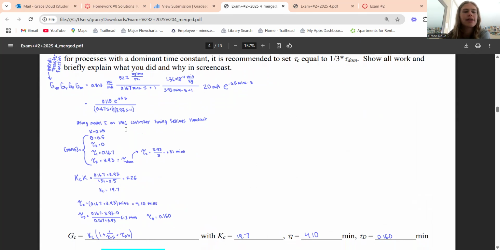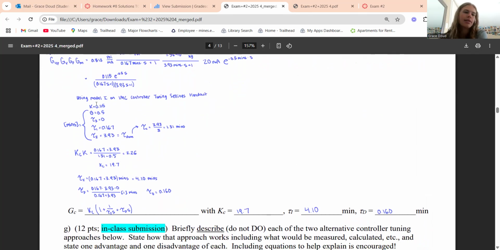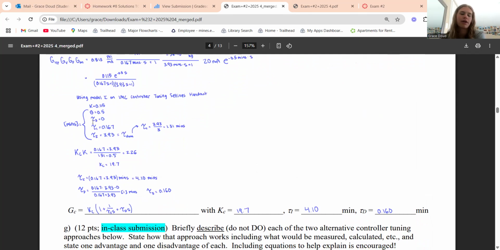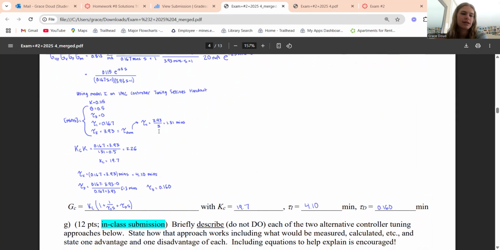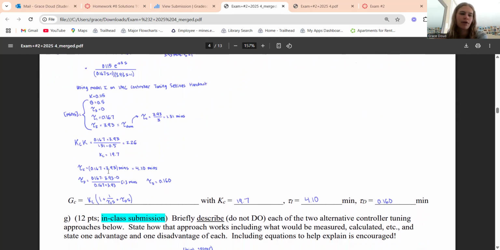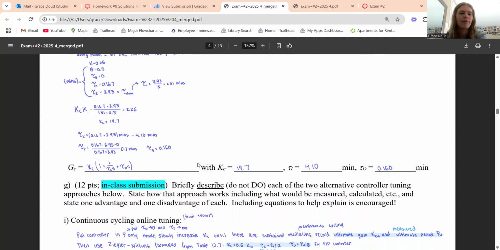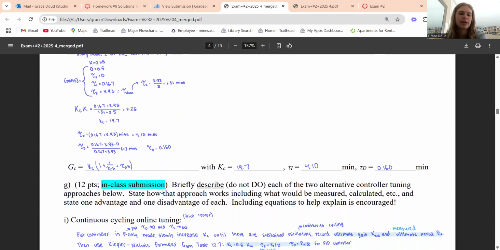And then we see on the IMC controller tuning settings handout which model it best matches. For this one, it was model I, just like the practice quiz. And then I went in here and figured out all of the values based on what the model has. And then this tau C, and then just solved for my KC, tau I, and tau D based on what the sheet had. And then this is the form since it's a PID controller.